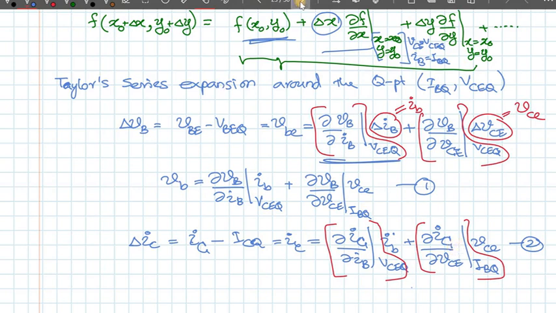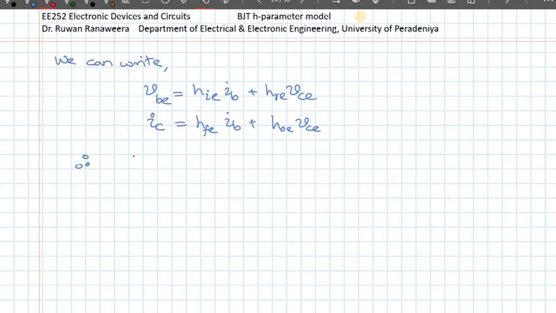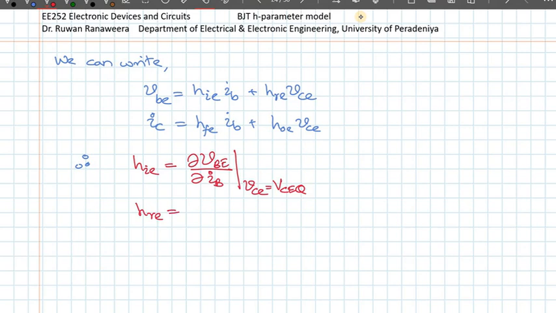Okay, so therefore I can write HIE has to be ∂VBE over ∂IB at VCE equal to VCEQ, in other words, in the operating point. HRE has to be equal to ∂VBE over ∂VCE at IB equals IBQ.